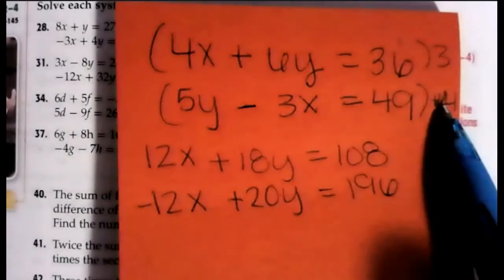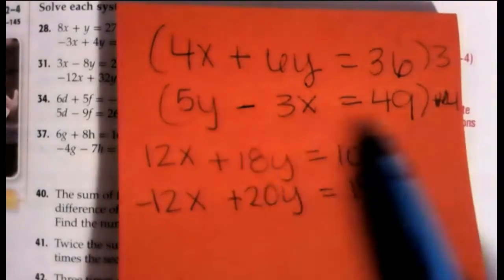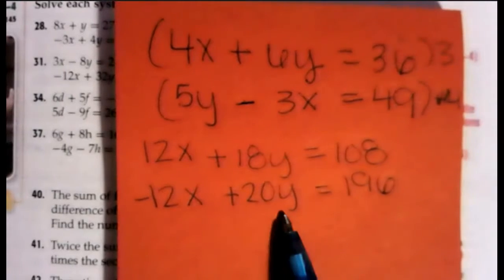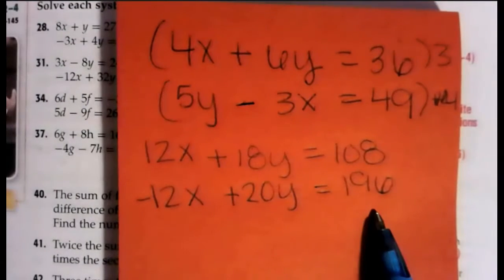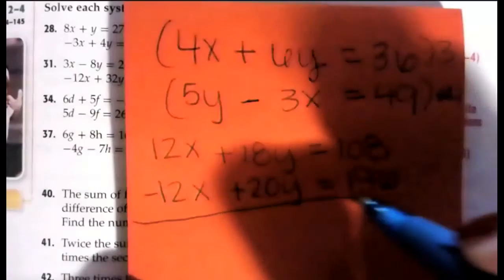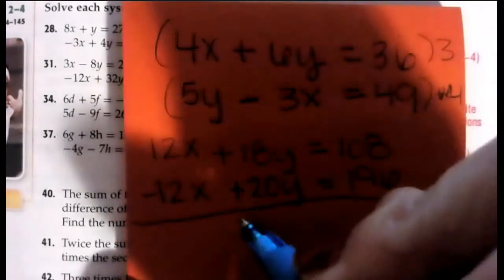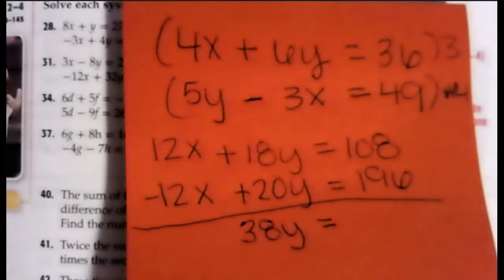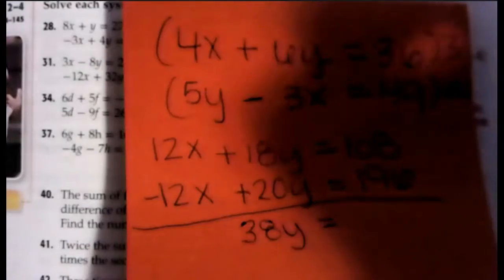And then 4 times the bottom, rearranging your terms, gave -12x plus 20y equals 196. Adding those together, the x's cancel, and you get 38y equals 108 plus 196, so 304.